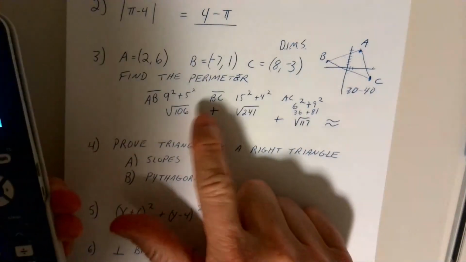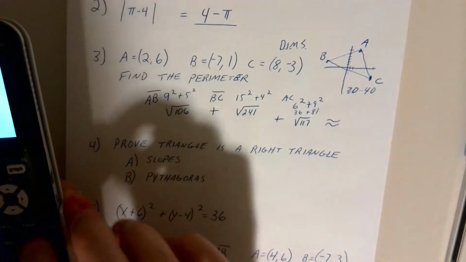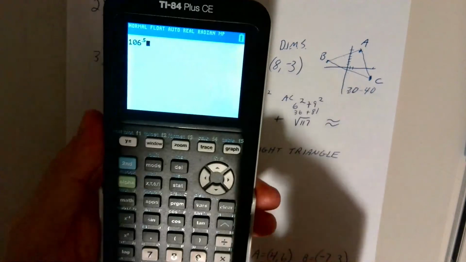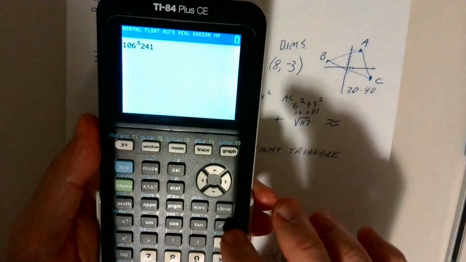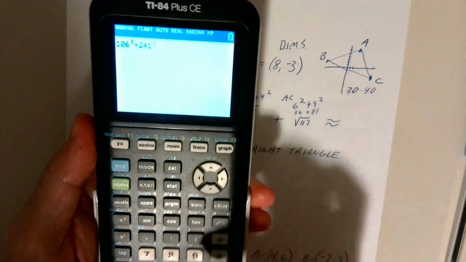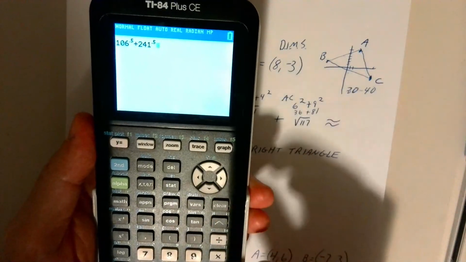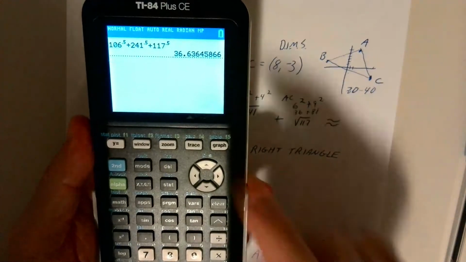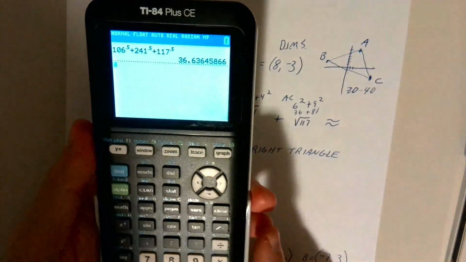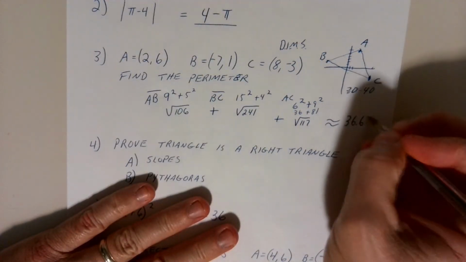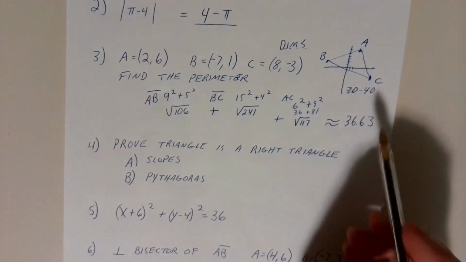Plus 241 raised to the 0.5 power, plus 117 raised to the 0.5 power, enter. And you can see I get 36.63, and I'm feeling pretty good about that.